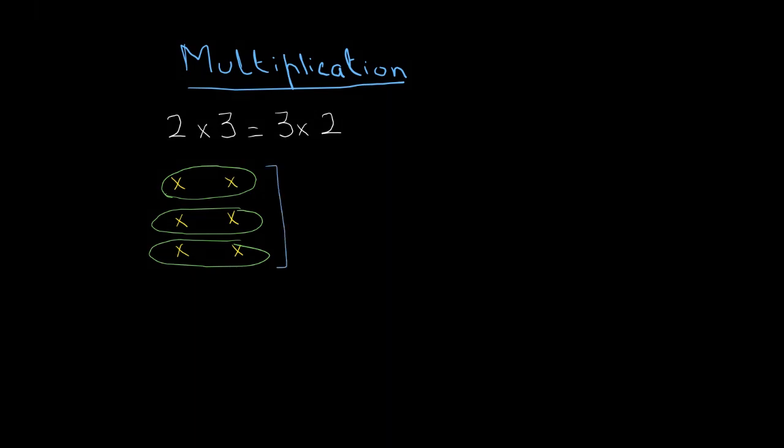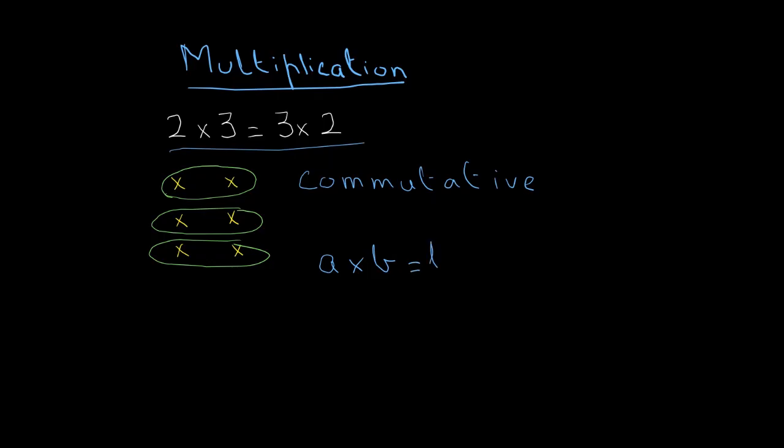This law is called the commutative law of multiplication, and what that means is for any two numbers, a multiplied by b is equal to b multiplied by a.